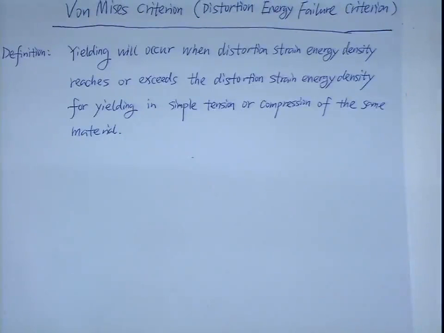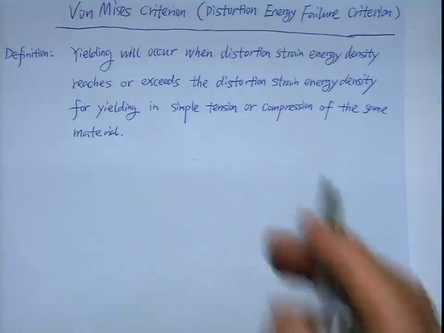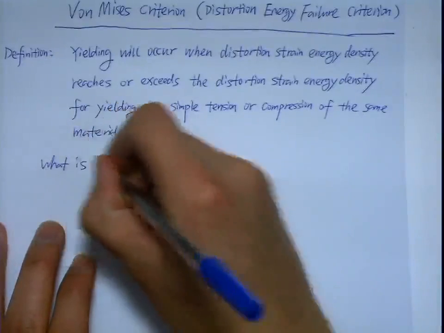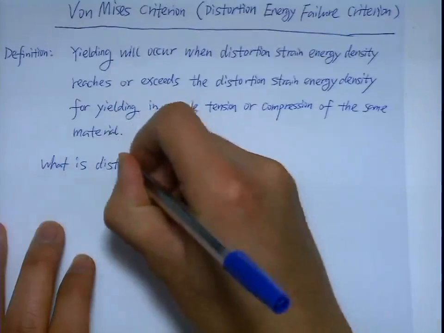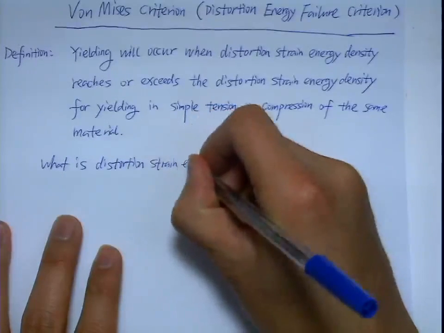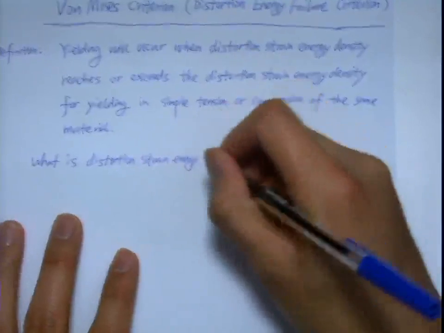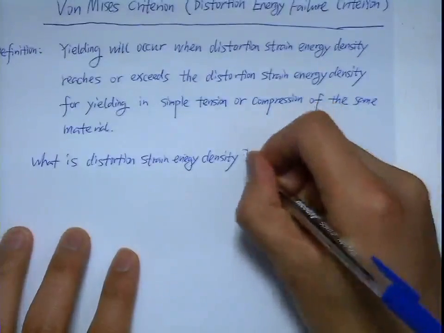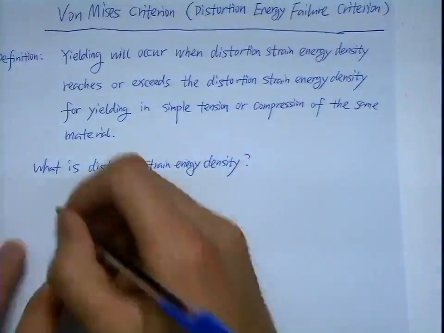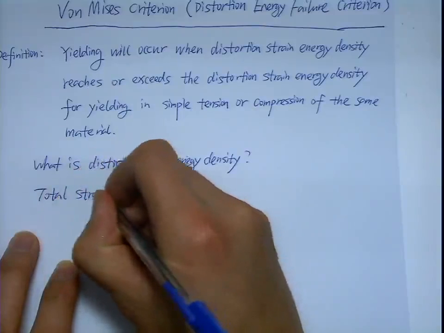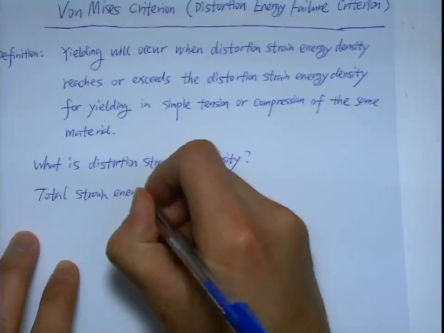Still not making sense, I know. So let's first of all introduce what is distortion energy density, strain energy density. So we have the total strain energy density, which we know how to calculate.